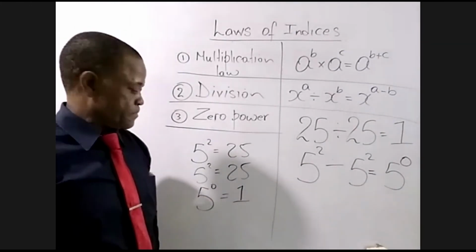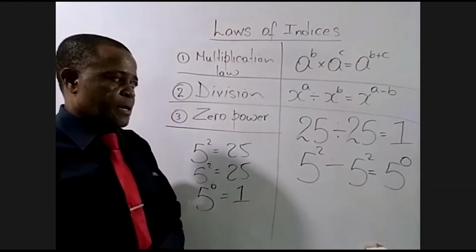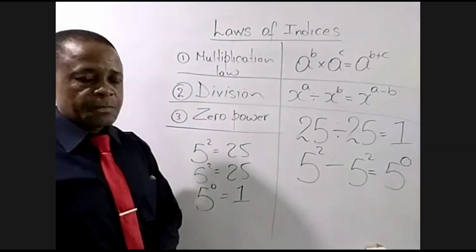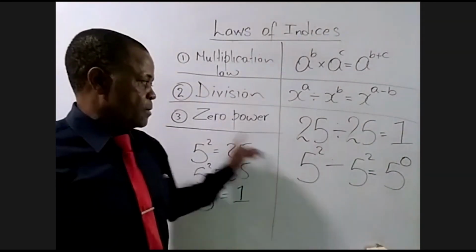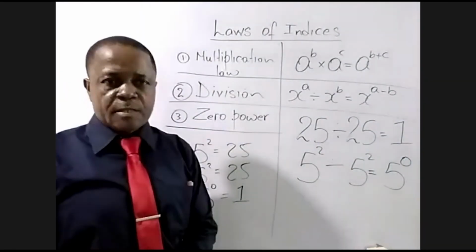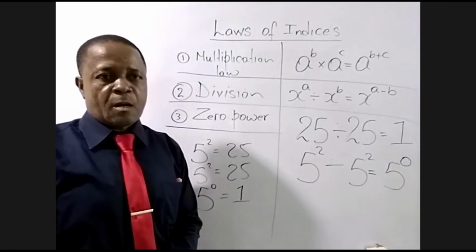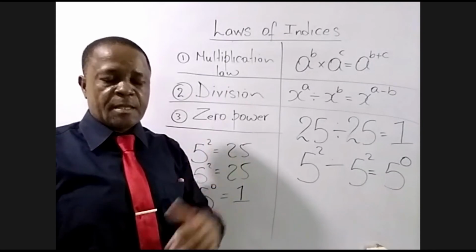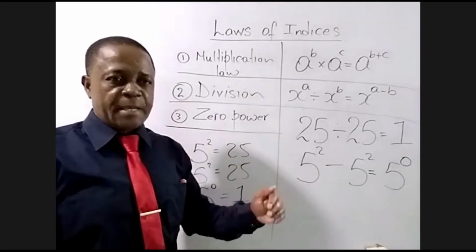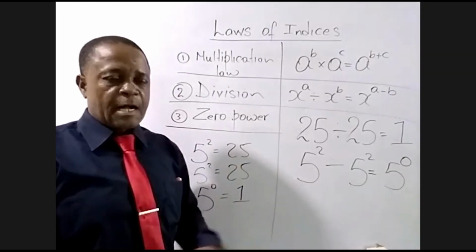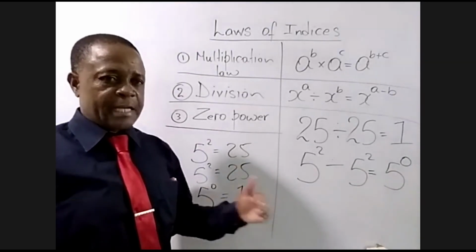Now, having done that, I'm going to say this to you, that when you think about the 0 power, always look at it in the sense that a number is being divided by itself. A number is being divided by itself.